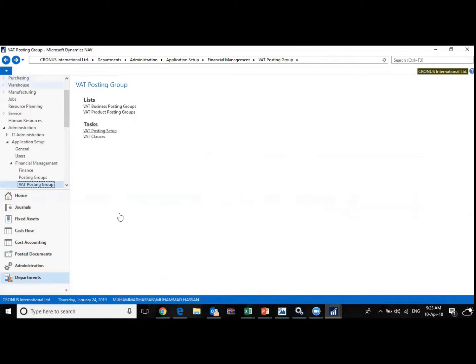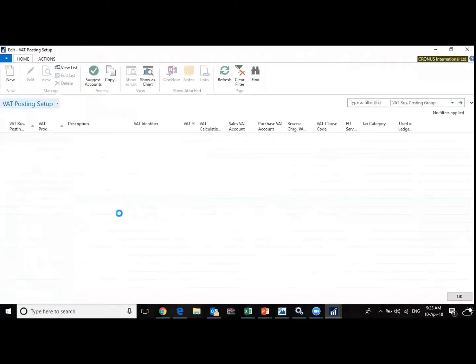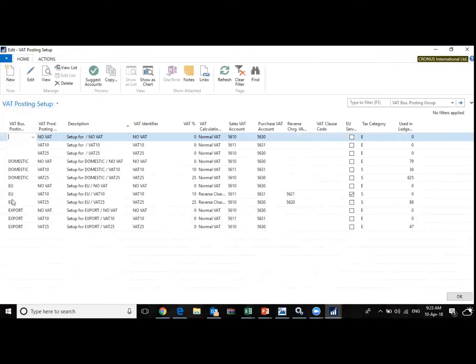Okay, now the combination of these two will decide what is going to be VATed and what is not going to be VATed. Okay, so now here we can see that we have our VAT posting setup.